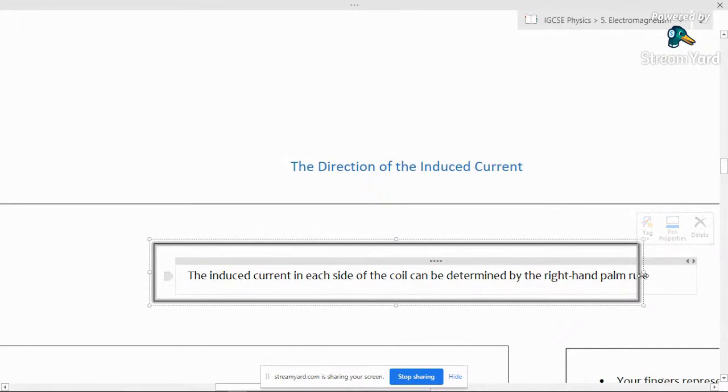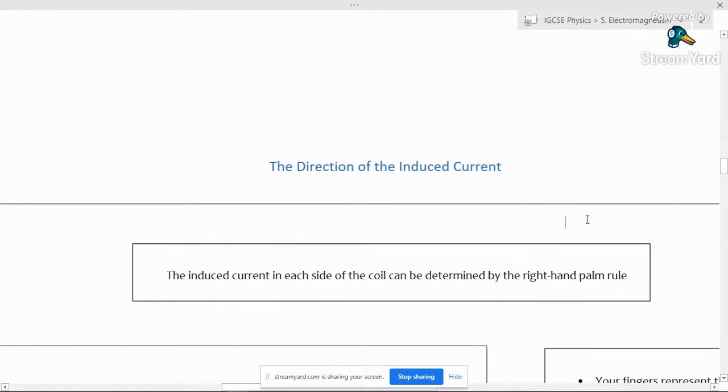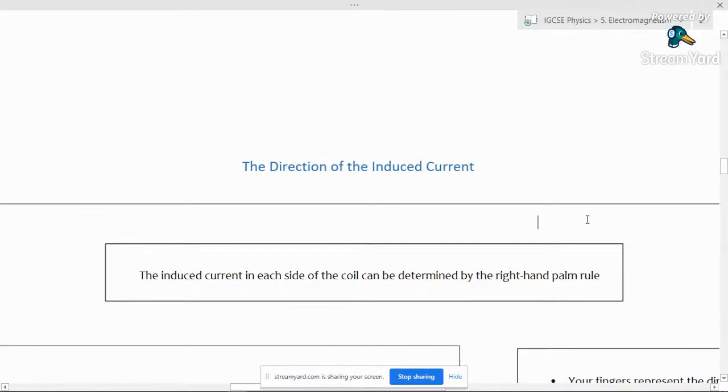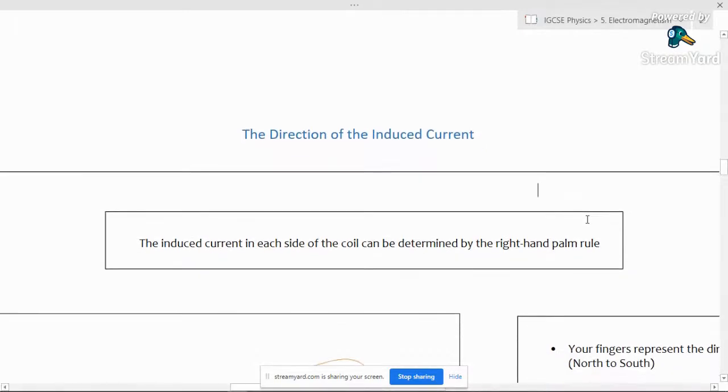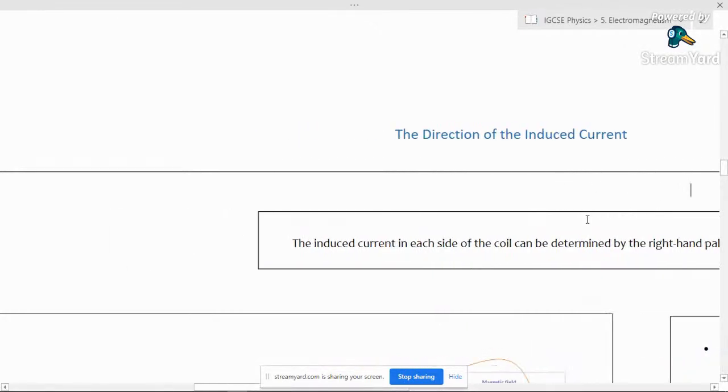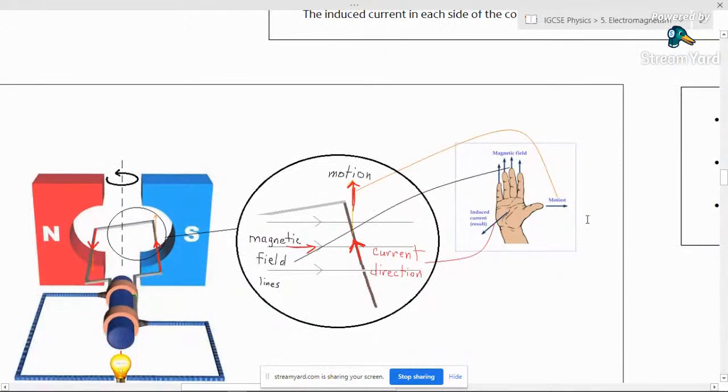And just so you know, later on we'll see that the book and IGCSE Cambridge usually use something called Fleming's right hand rule to determine the direction of the induced current. Take my word for it, that is much more confusing than my method of using the right hand palm rule. So I'll explain Fleming's right hand rule later on, but for now, just use this palm rule because it's a lot simpler.